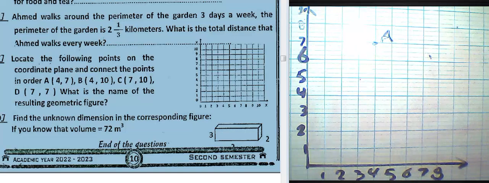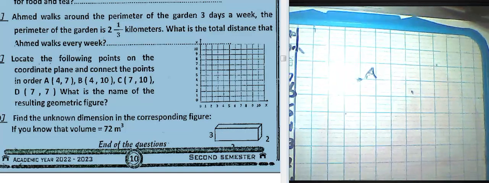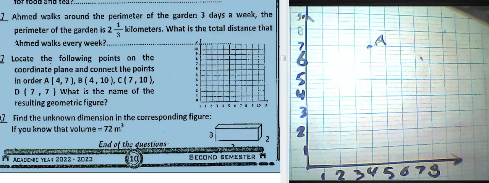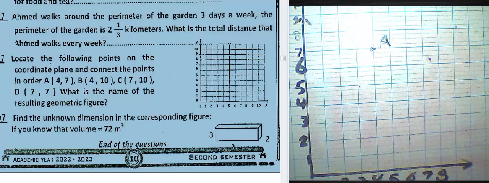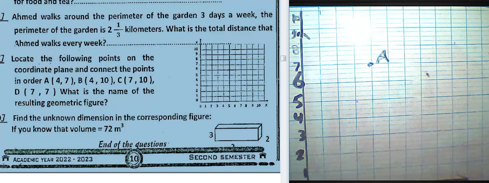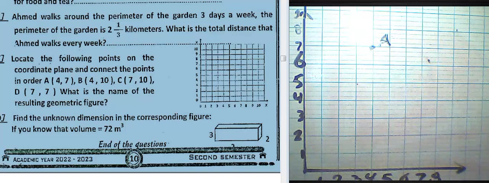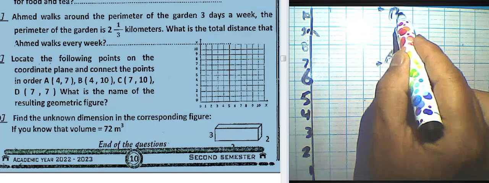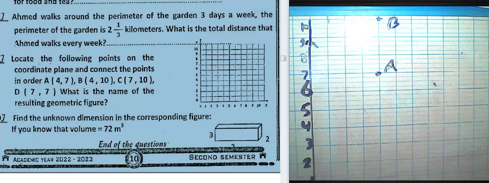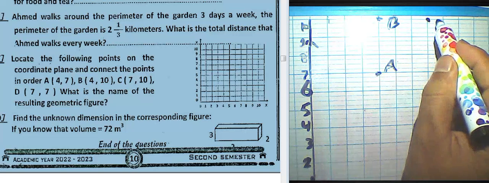Okay, going to 10. It will be B. B, 4 and 10. And C, 7 and 10. Moving from B to C, 7 and 10.